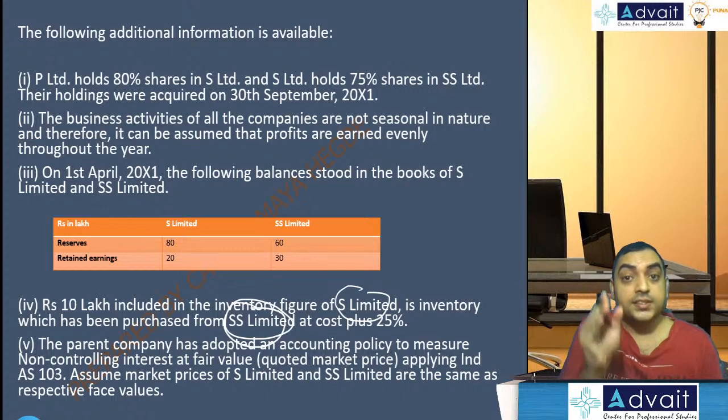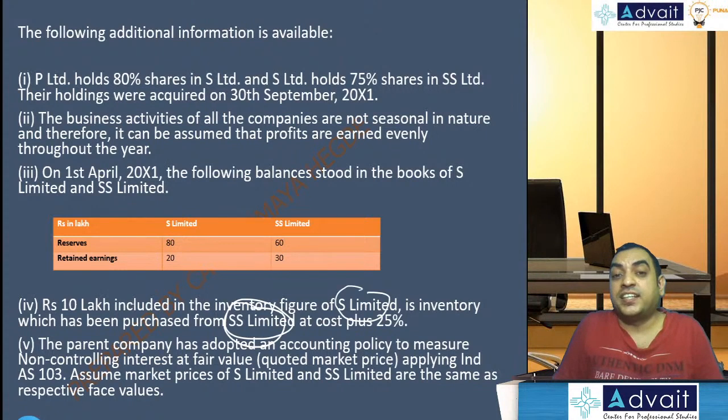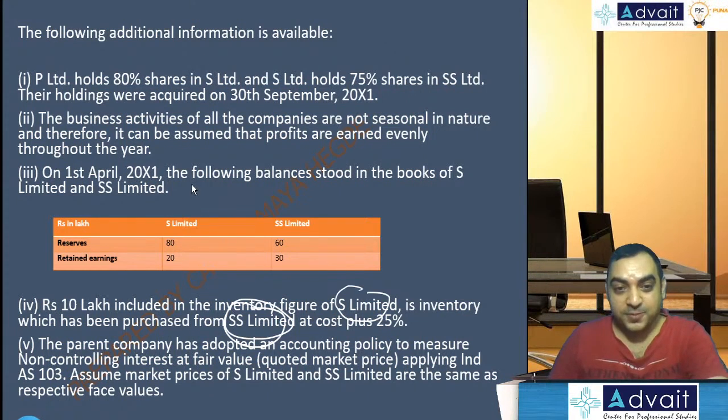You should always think from the seller's point of view. Who is the seller here? SS Limited. And we are discussing SS Limited analysis. Therefore, we have to consider unrealized profit. Okay, let's go for the unrealized profit adjustment.